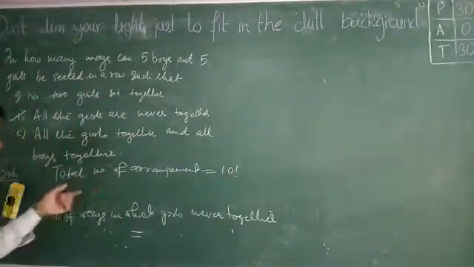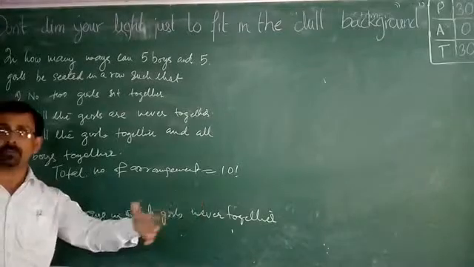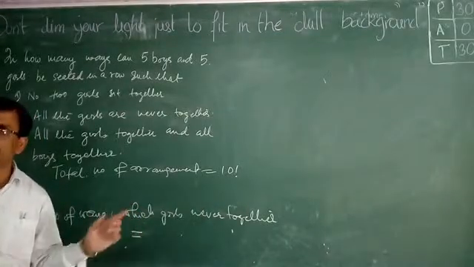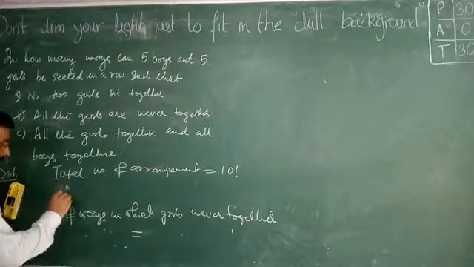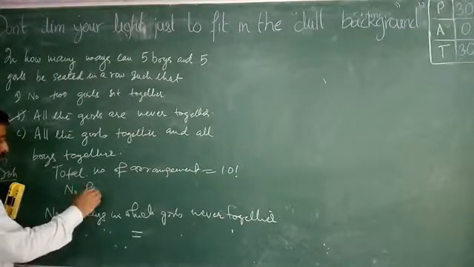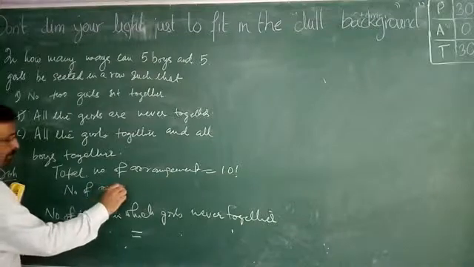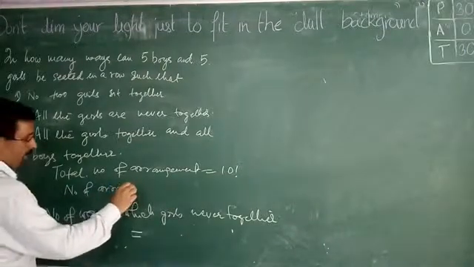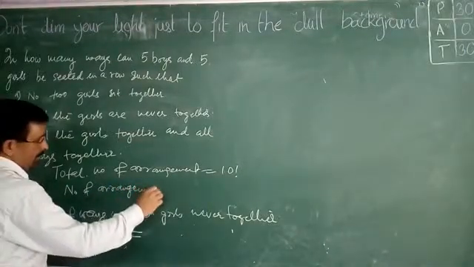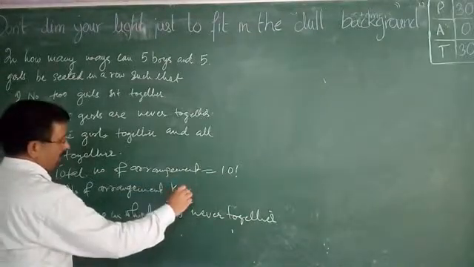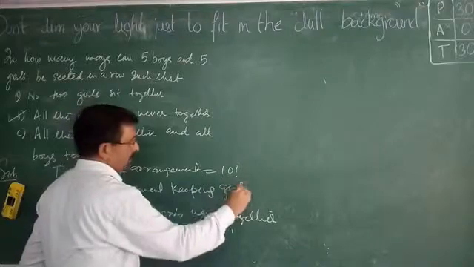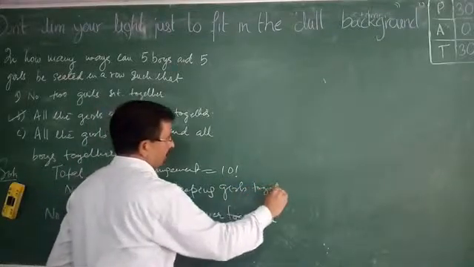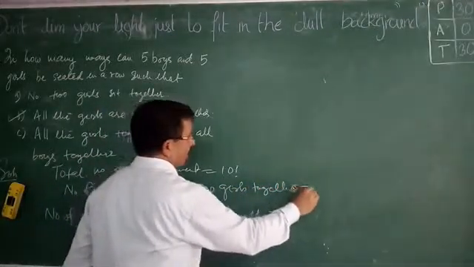Now then we are calculating in how many ways the girls can be always together. We have already discussed, right? Yes, sir. So the number of arrangements keeping the girls together will become how much?